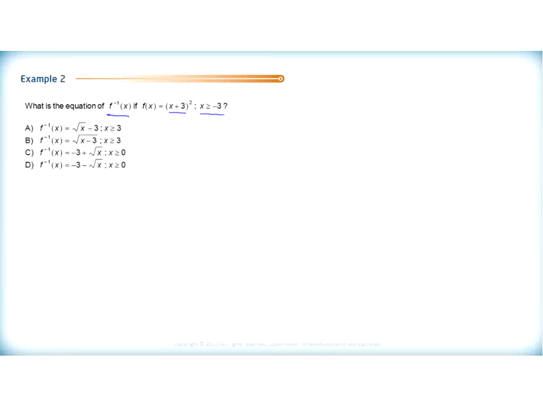This is a parabola. (x plus 3) squared is a parabola with its vertex at negative 3, 0. There's the vertex. It's a parabola that opens upwards. So here's the original graph right there. Very simple graph. The sideways parabola, in other words the inverse, will have its vertex at 0, negative 3.